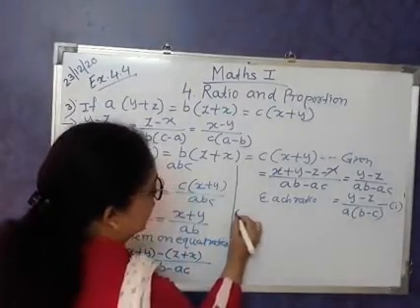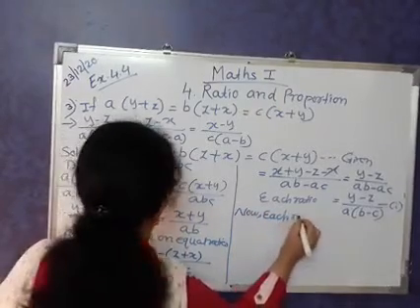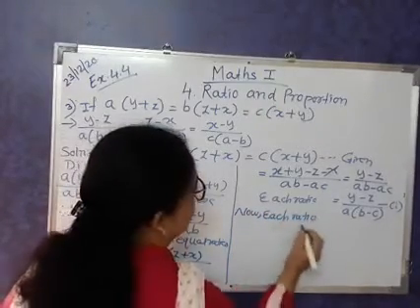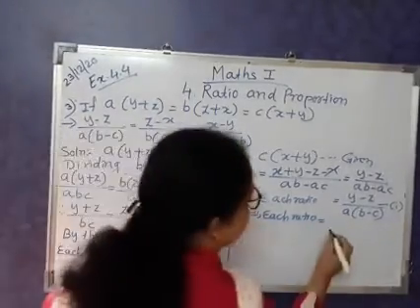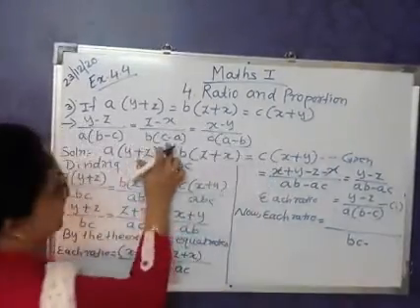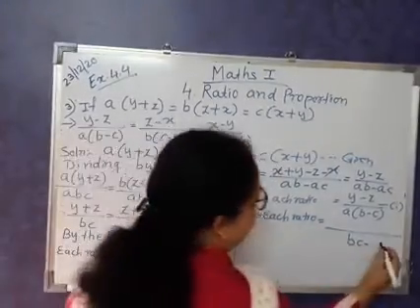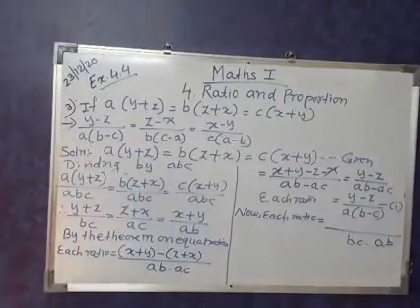Now each ratio is equal to. Now what is the denominator in second case? BC minus BA, or we can write AB also. What is the numerator of the BC here?